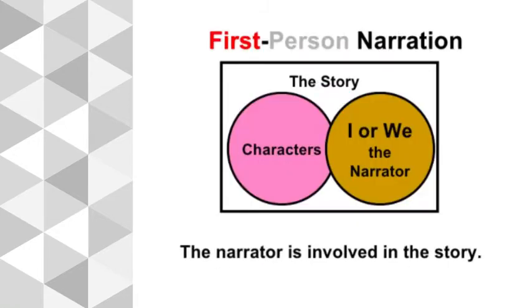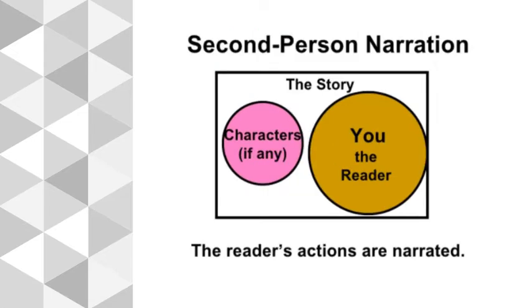So let's first take a look at first person narration in the story, and you'll actually hear the narrator's voice in the story, and you're really going to see that this week in the stories that we read. So you'll actually hear the narrator as part of the story. Sometimes he'll say, I went to whatever. Okay?